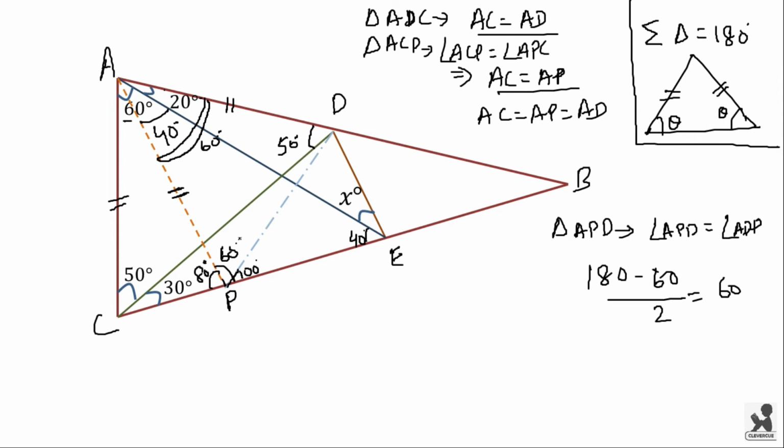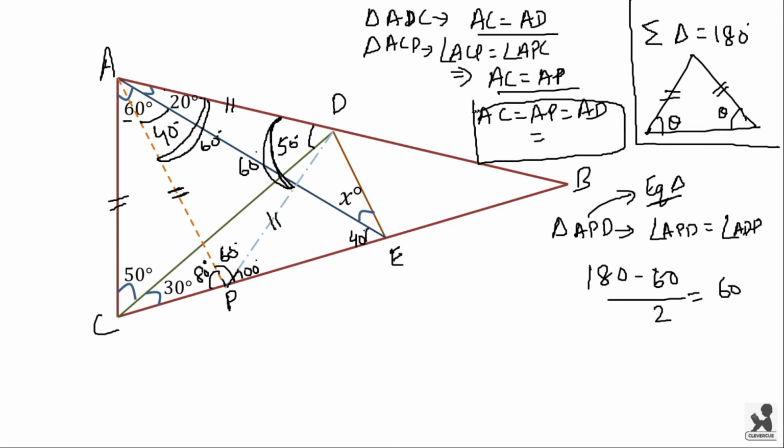Now this is 60 degrees and this angle, that is angle ADP, is also 60 degrees. We can say that triangle APD is an equilateral triangle. So the line PD is also equal, so we can join PD here as well.